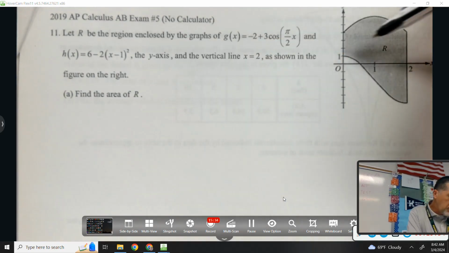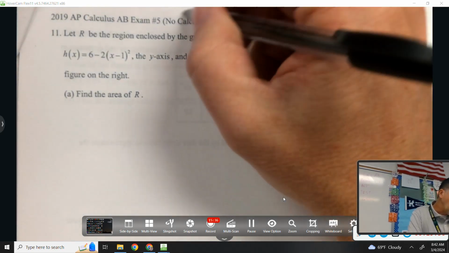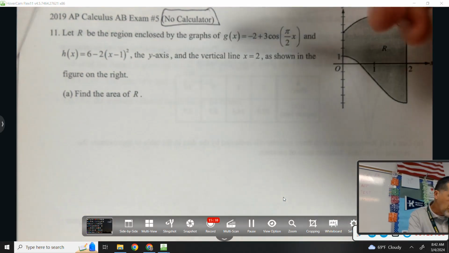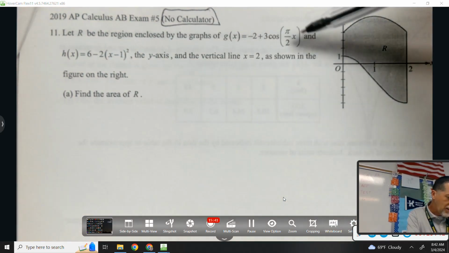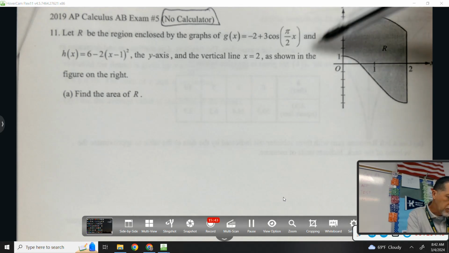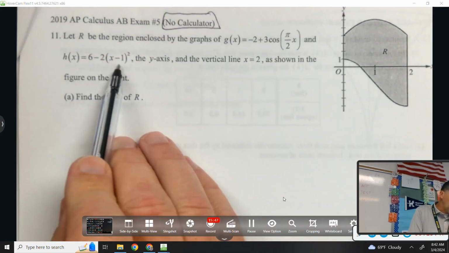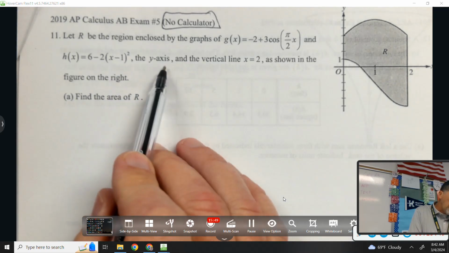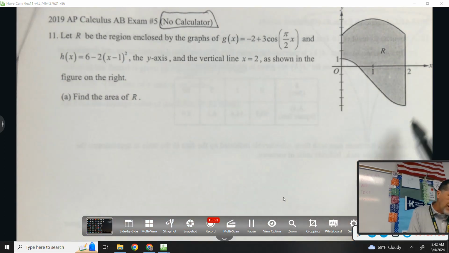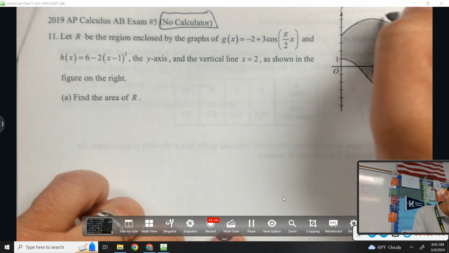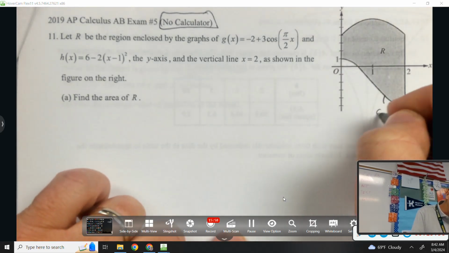Let R be the region enclosed by the graph. This one's no calculator. Enclosed by the graph of g of x equals -2 plus 3 cosine whatever, and h of x is this parabola, the y-axis, the line x equals 2. Find the area of R. Okay, first thing I think I would do is identify who's who.